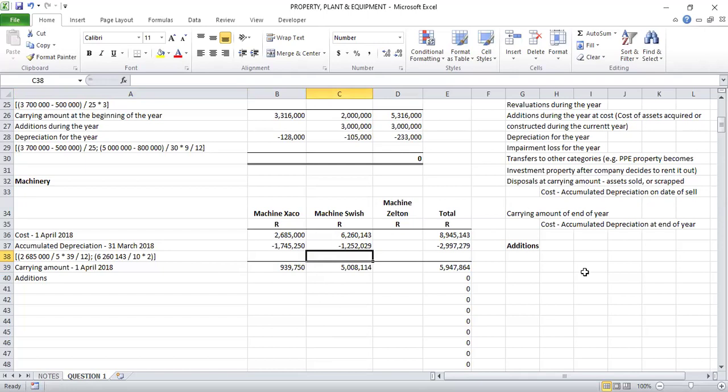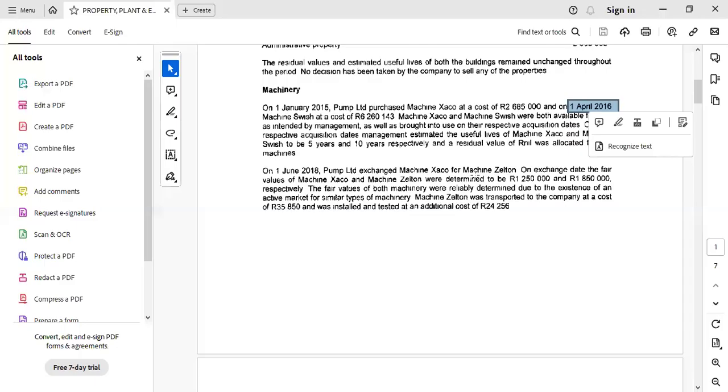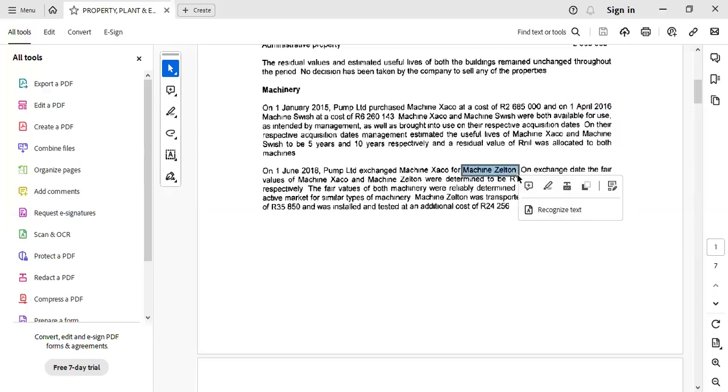Then our additions. It's Machine Zelton. Listen to me here very carefully. Machine Zelton was acquired through an exchange with Machine Shaku. And remember from our previous class, if you acquire an asset under a barter transaction, the cost of the asset is the fair value of the asset that we have given up, if it's available.